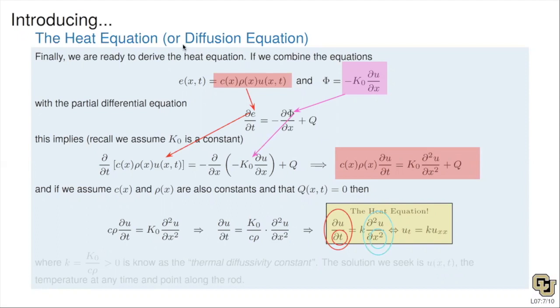And here, the solution we're looking for, keep the big picture in mind, we're trying to solve for U. What's U? U is a surface. So let's describe U geometrically. U in Calc 3 terms is a surface over space, X, and time.